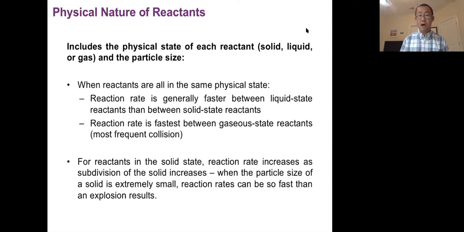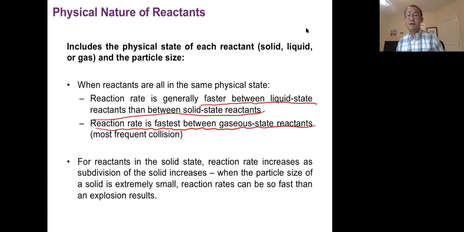When reactants are in the same physical state, the reaction rate is generally faster in the liquid state than the solid state. So if the reactants are liquid, the reaction is faster than if the reactants are solid. The reaction rate is the fastest when reactants are gas. Why is that? Because when reactants are gas, the particles are easier to collide with each other than with liquid or solid.